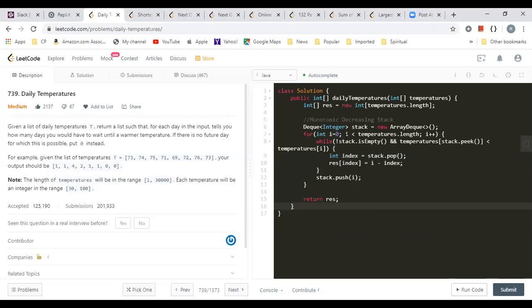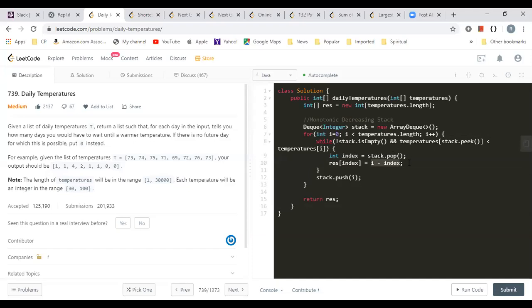So guys, this problem we have already solved, as you can see. We created a stack here. We went through all the temperatures, and we are trying to maintain a decreasing stack for the reason we just talked about. If we find such days, in this particular case, we are saying how many days I have to wait. So you put this value in the index.